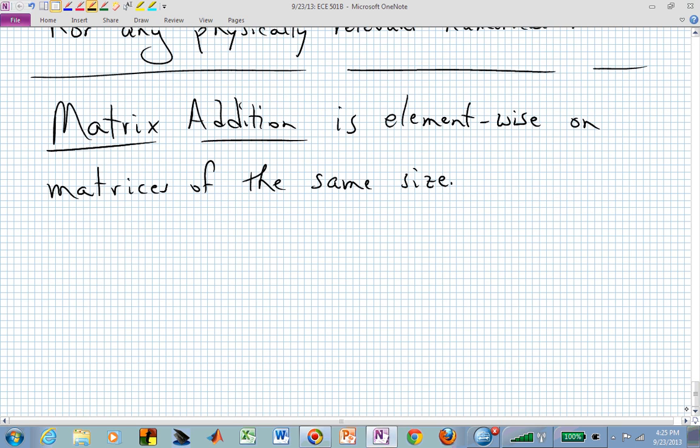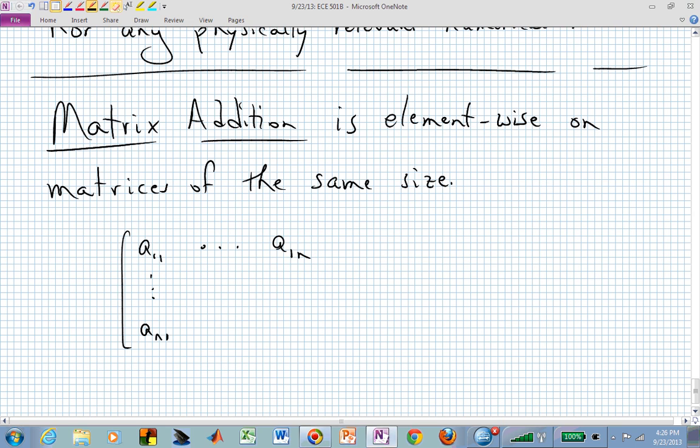It only makes sense to add matrices that are the same dimensions.